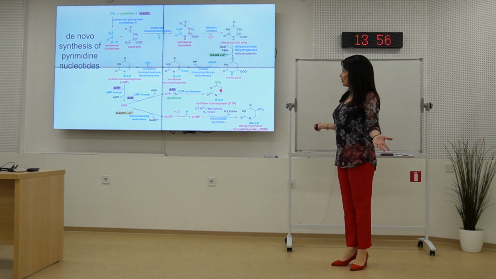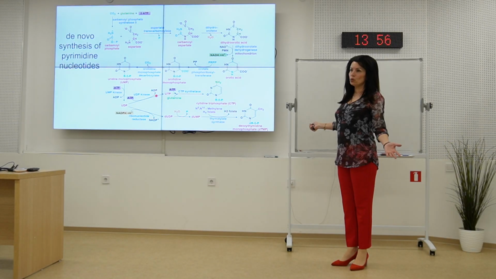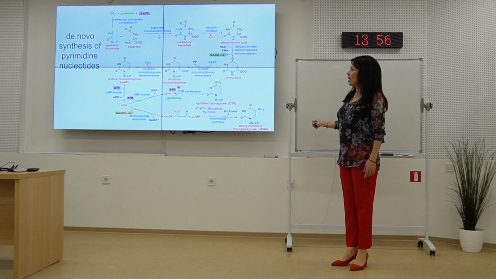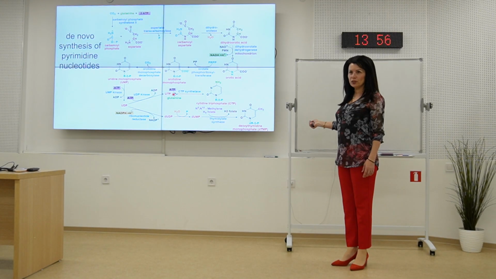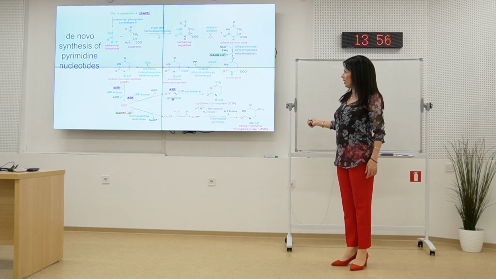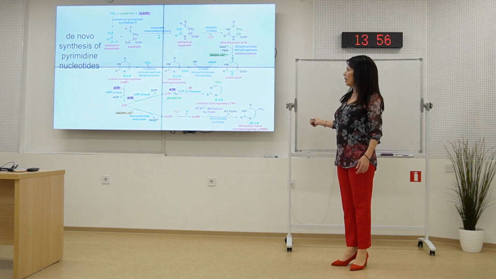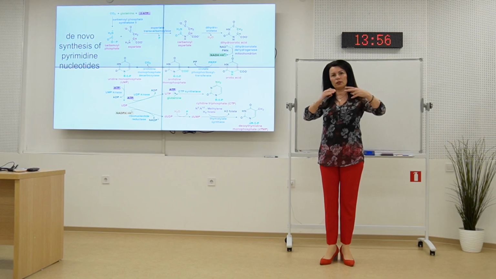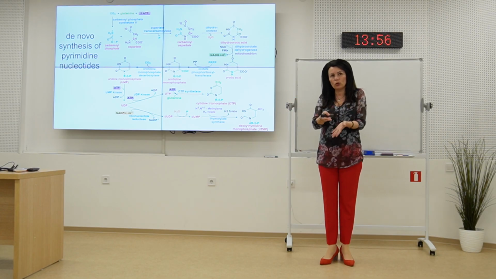amination. We need an amino group donor, which is glutamine, together with an energy donor, energy from the opposite nucleotide again, which is ATP. Actually, it's the opposite nucleotide because it's the opposite of pyrimidines, ATP being a purine nucleotide.